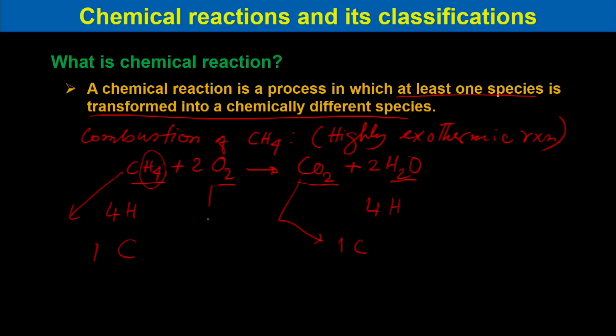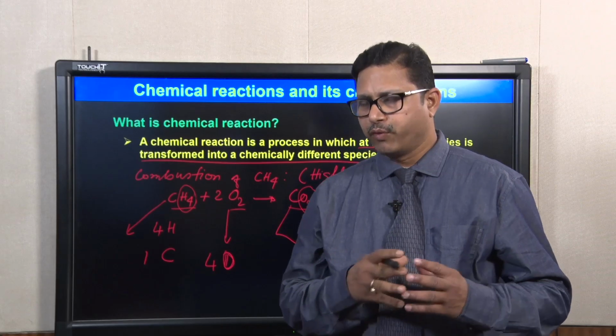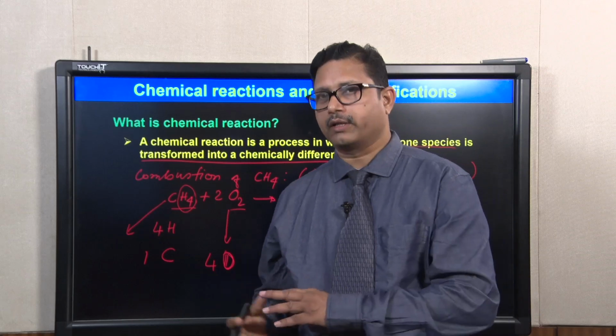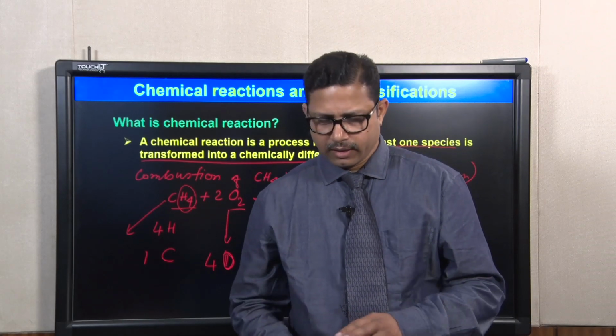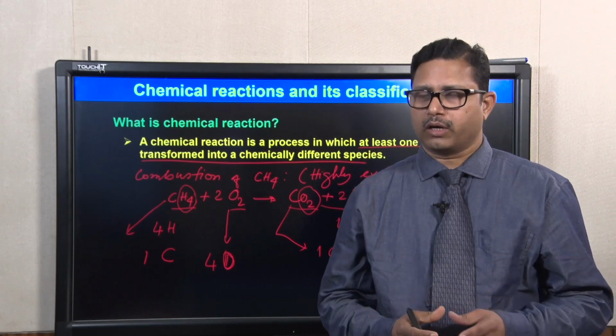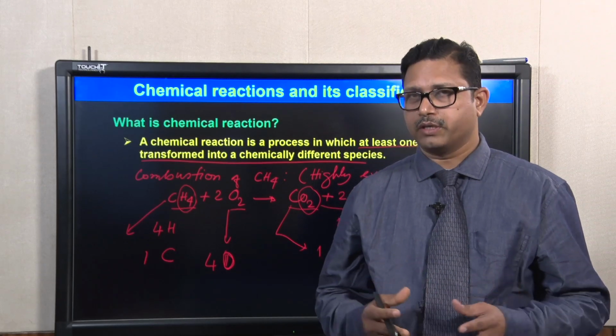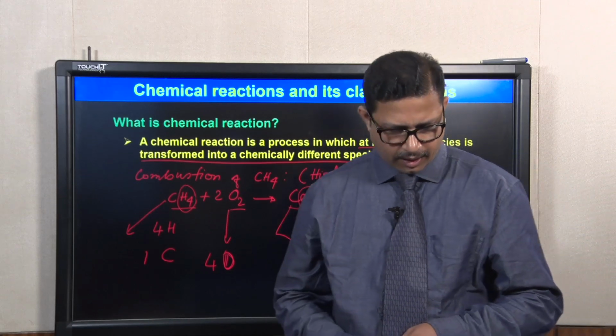Before the reactions we had 4 oxygen atoms and after the reactions we have 2 and 2 over here, so 4 O. So, that means the elements or the building block materials remain the same before and after the chemical reactions, but the molecules or the species have changed before the reaction and after the reaction.